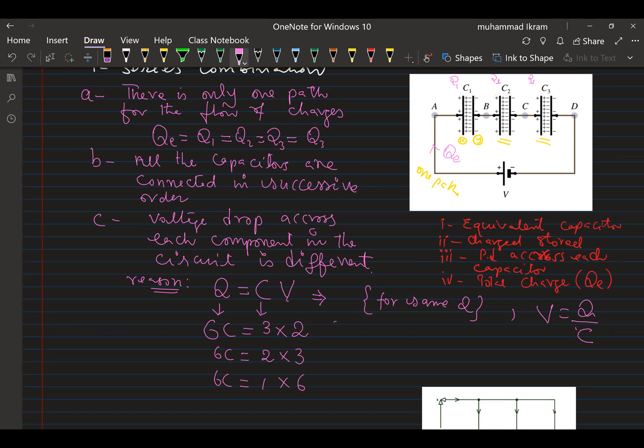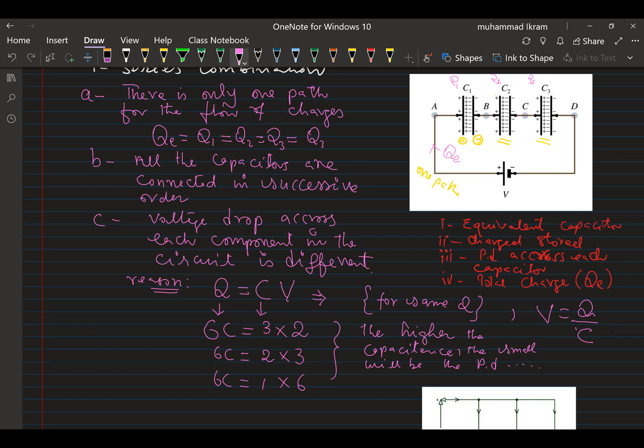What is the result? The higher the capacitance, the smaller will be the voltage, the smaller will be the potential difference across it to have the same charge stored by it.